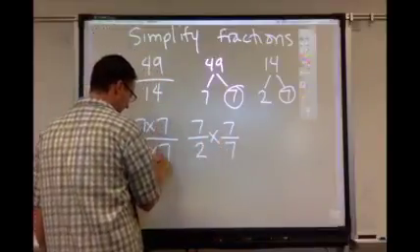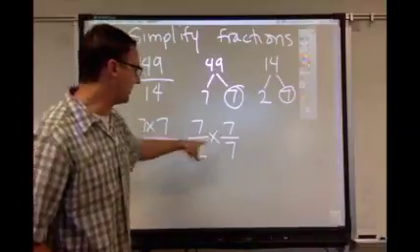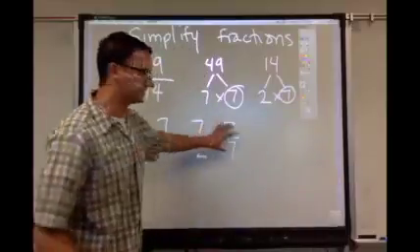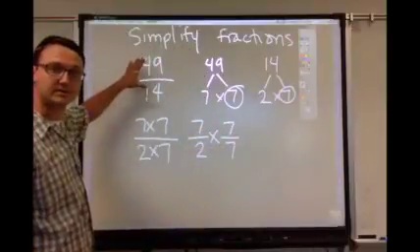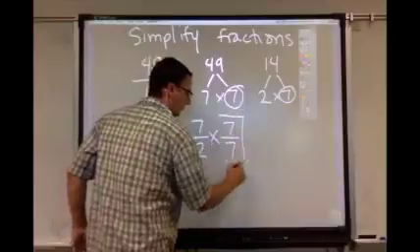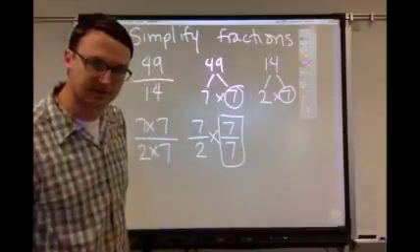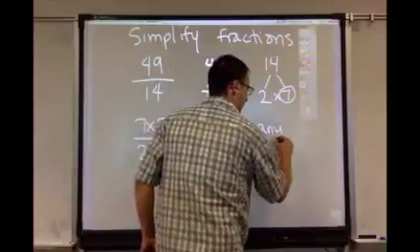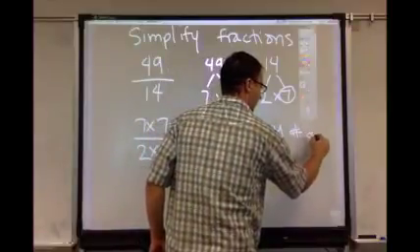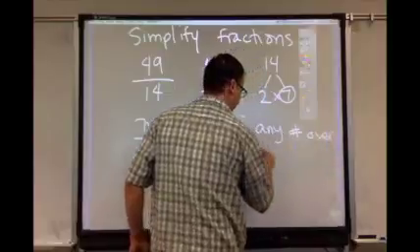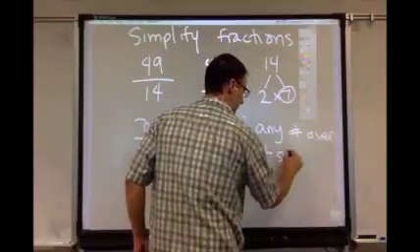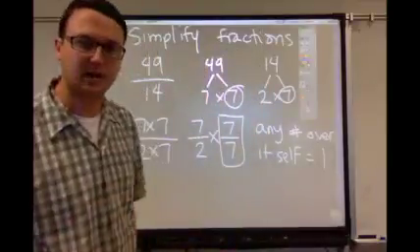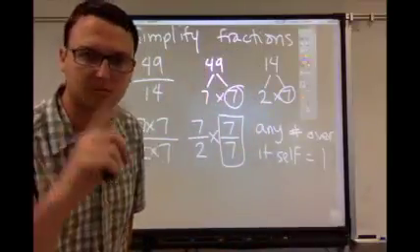This multiplied straight across is going to give us our 49 out of 14. But we also know that 7 over 7, any number over itself, is equal to 1. Any number over itself, 1 million over 1 million, is equal to 1.